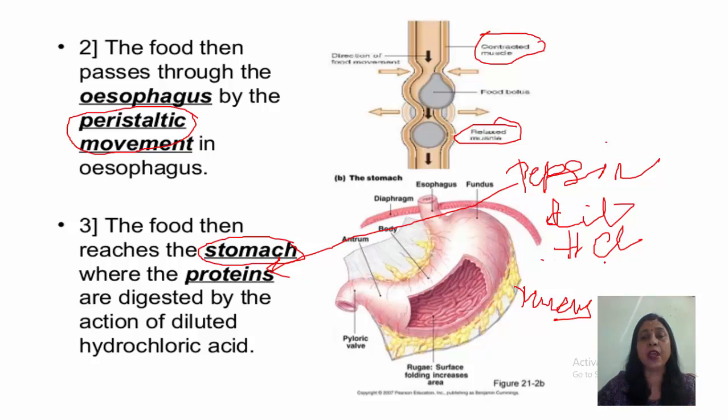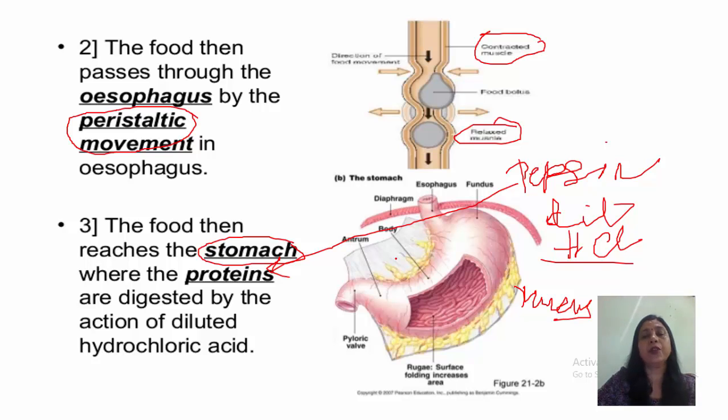Now, this dilute hydrochloric acid has two important functions. One is that when the food is in the mouth, it is alkaline. So, when it enters the stomach, it is to be made acidic so that this enzyme pepsin can act on proteins. Means pepsin cannot act on proteins in an alkaline medium. So, this medium is to be changed into acidic, which is done by dilute HCl.